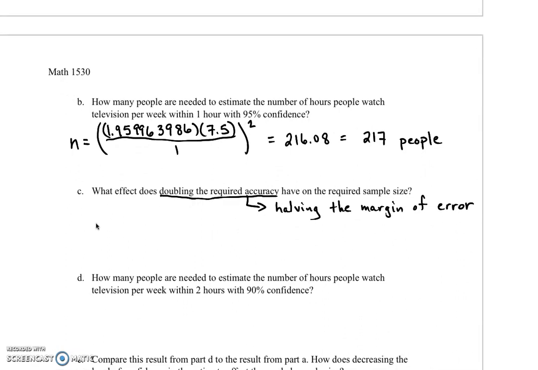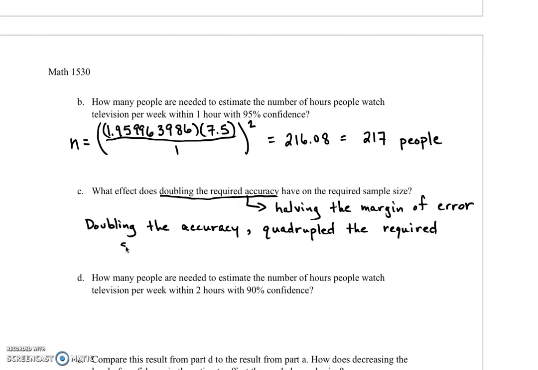So that means that halving the margin of error, or doubling the accuracy, remember those are the same thing, quadrupled the required sample size. Quadrupled means multiplied by 4.